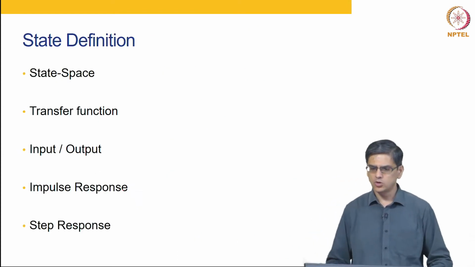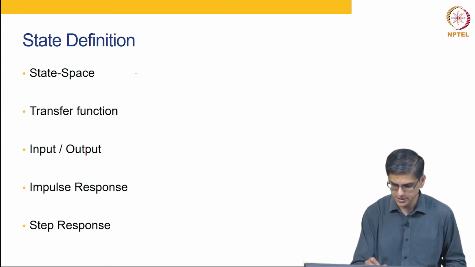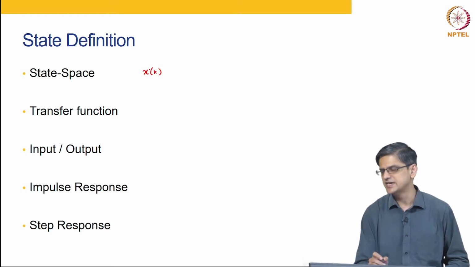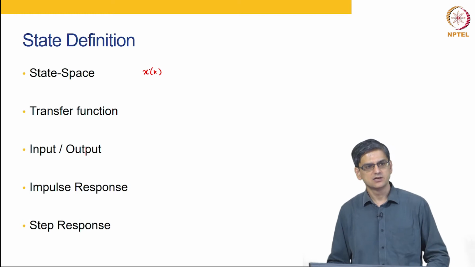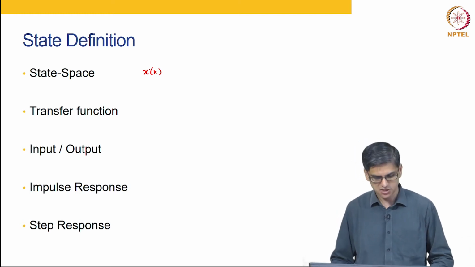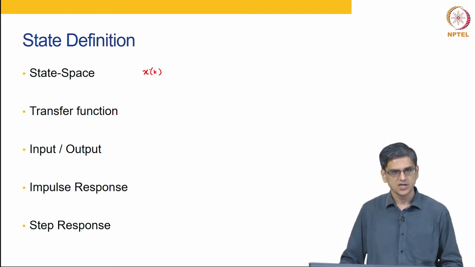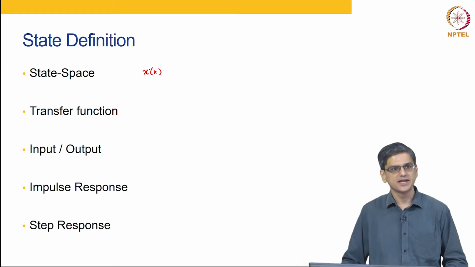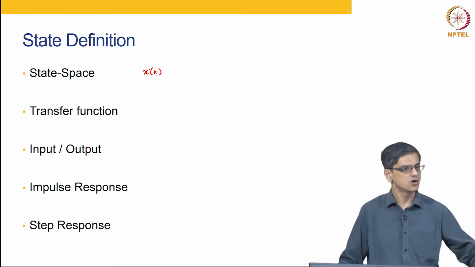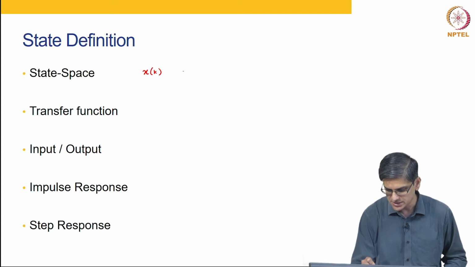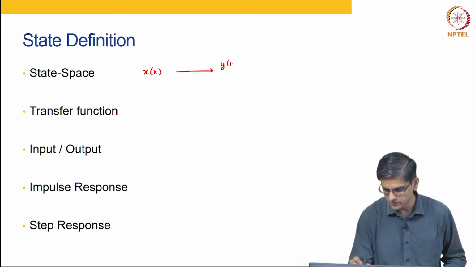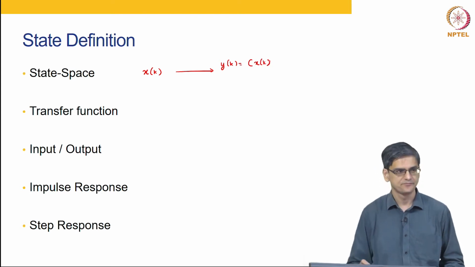So, how was the state defined? In the state space model, we just had the state xk and we let the state xk be just a general thing. How from xk do you determine what the output is going to be? From xk to get yk, you will get yk equal to c times xk.